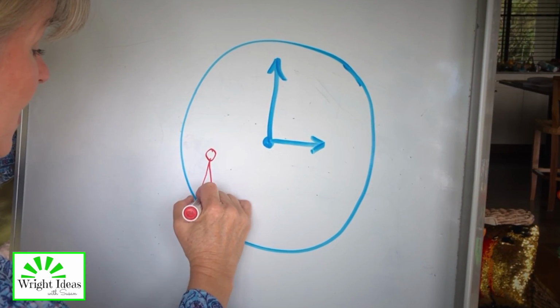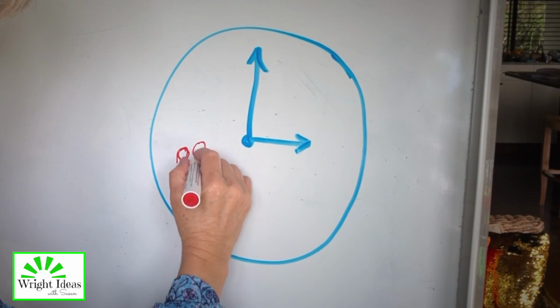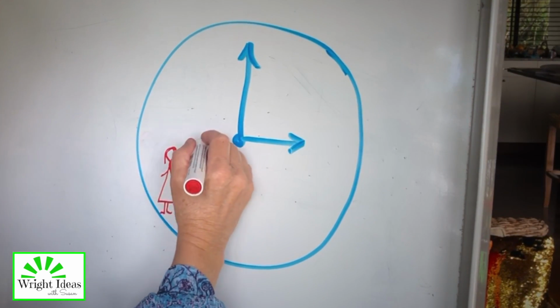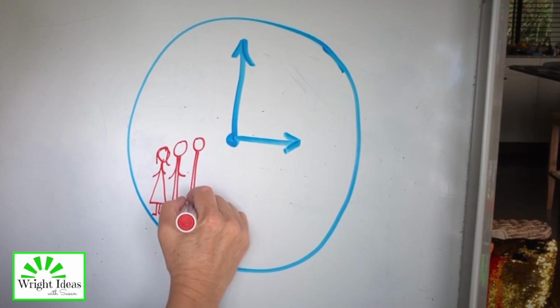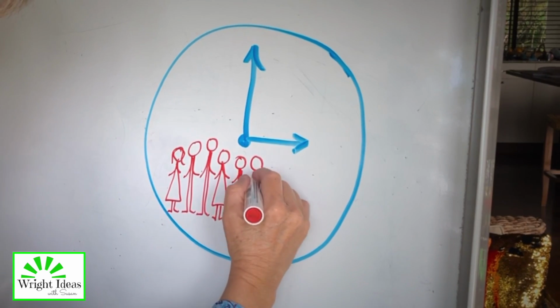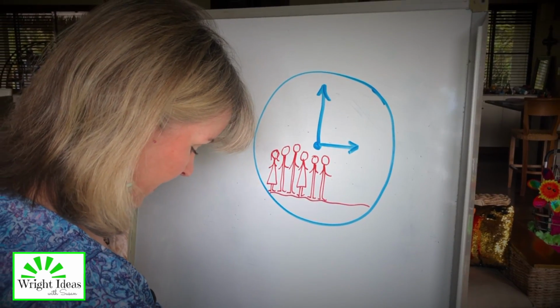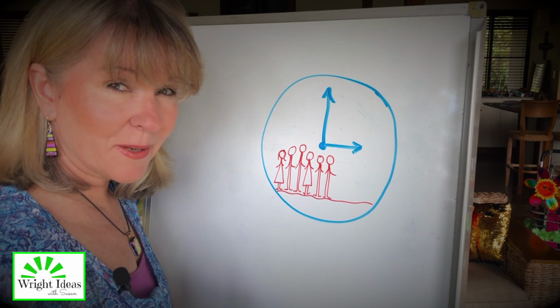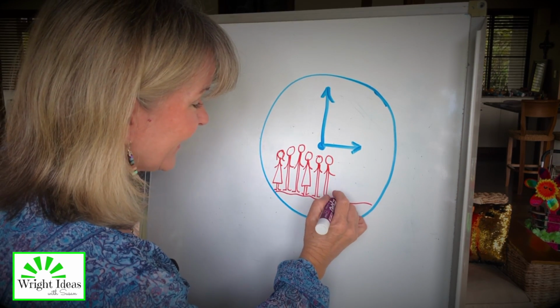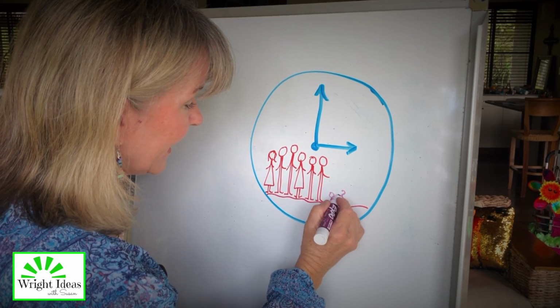Time is a big part of our life, so I'm going to draw my family inside the clock, and I'm going to want you to draw your family inside your clock too. So just drawing them here. And we also have a cat. Do you have any pets? We have a little cat named Olive, so I'm going to draw her in here as well.